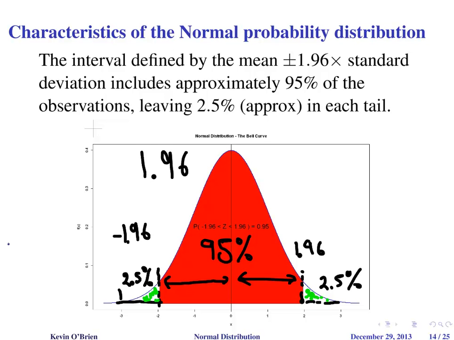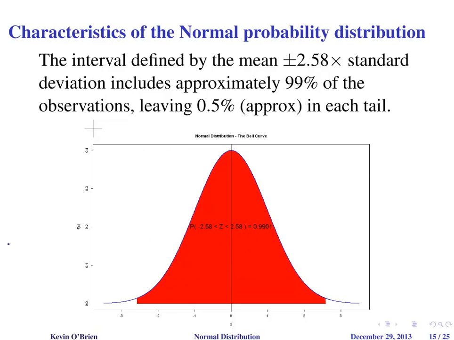One more, another very similar remark to the one I've just made. It is 2.58: the mean plus or minus 2.58 standard deviations away. Again, 99% is actually 99.01.